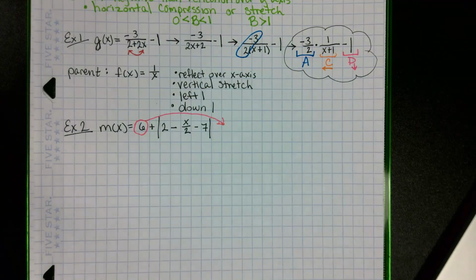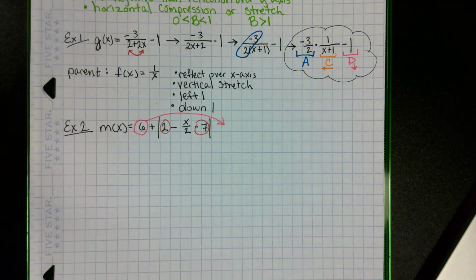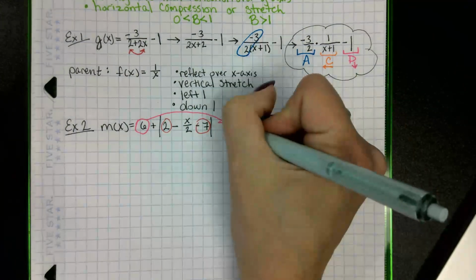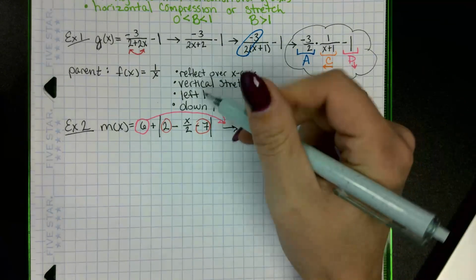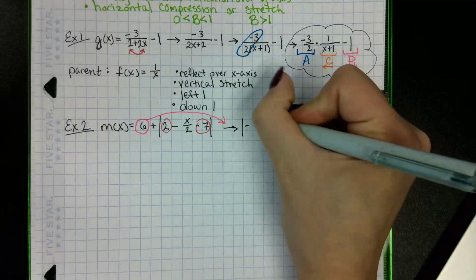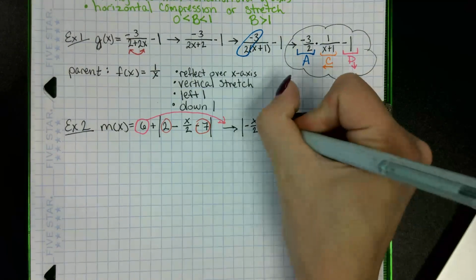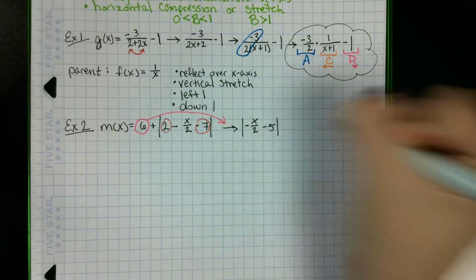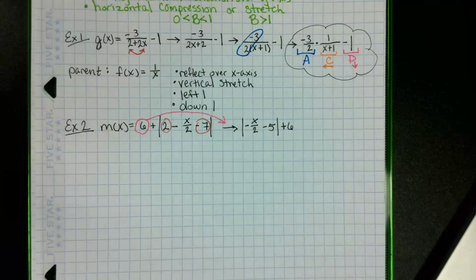And then I also see that I have 2 numbers inside the absolute value that I could put together. I have a 2 and I have a negative 7. Those are just like terms. I can put them together. So now I have the absolute value of negative x over 2 minus 5, and then close the absolute value and put a positive 6 on the outside.